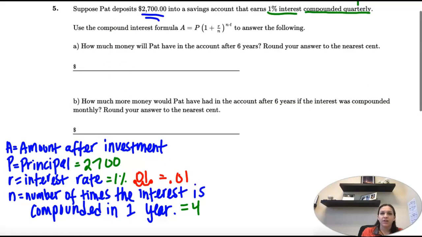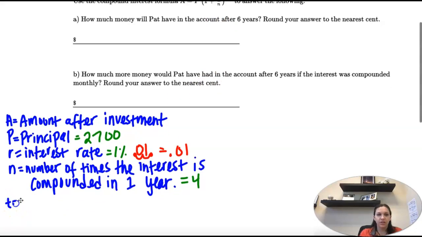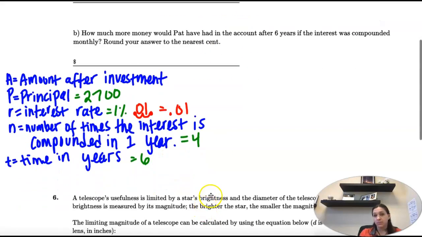And then our last variable here, r over n, n times t. So t is time in years. And that tells us 6 years. Alright, so now we're just going to put it in the formula.